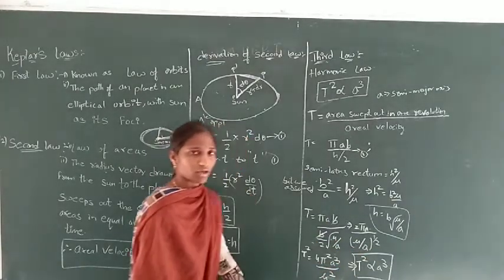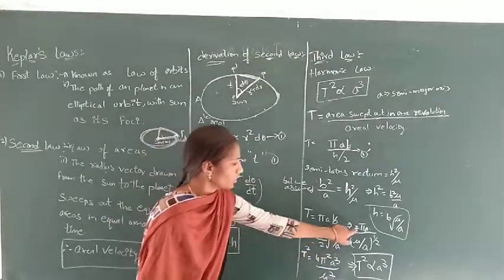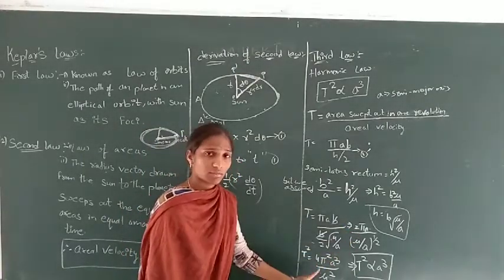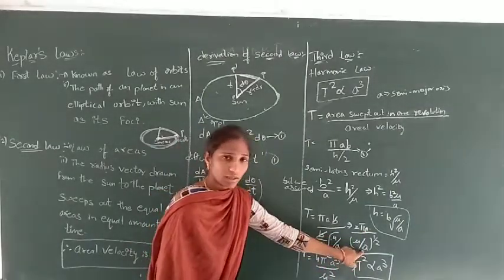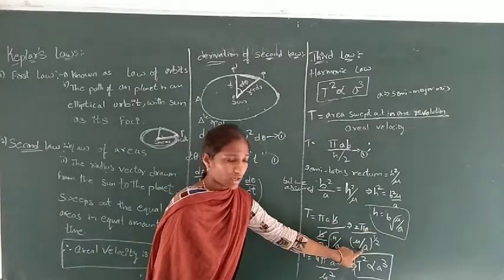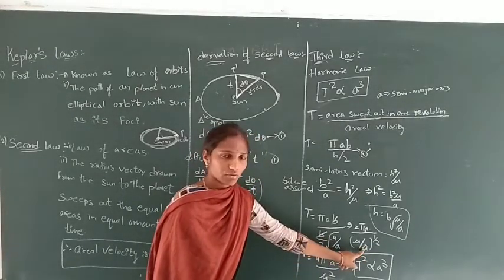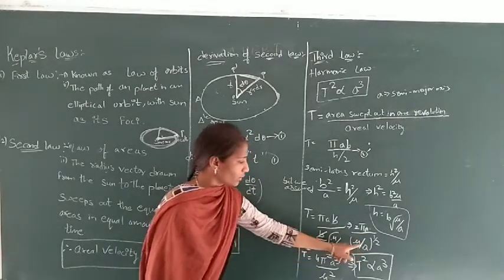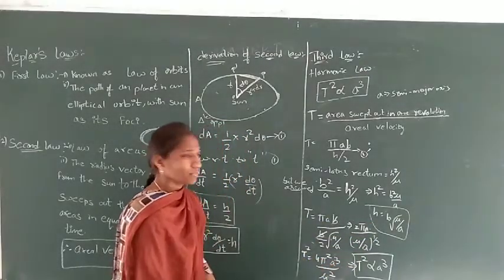Now if we square on both sides, T square is equal to 4 pi square a square, and in the denominator we have one a. After squaring the root gets cancelled, and only one a remains. Moving that a to the numerator, a square times a gives a cube, and then mu will be there.